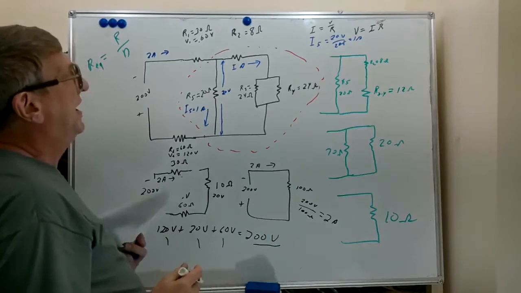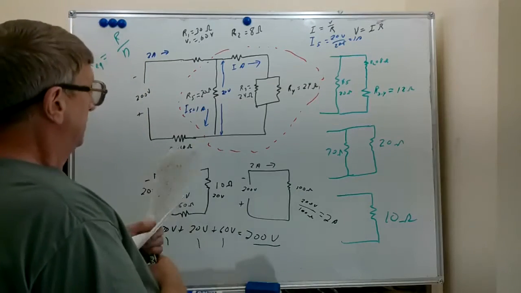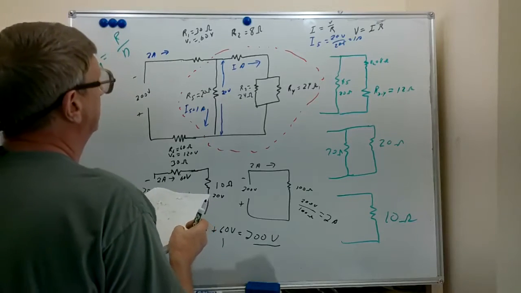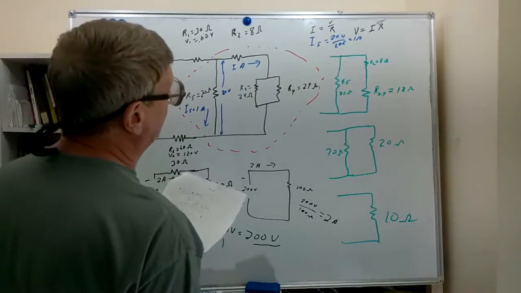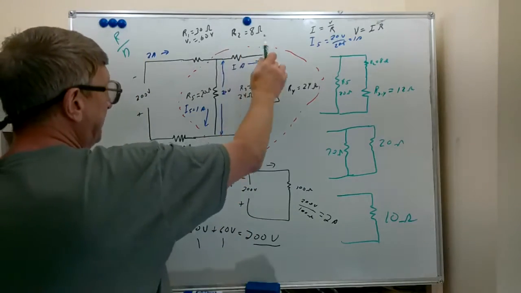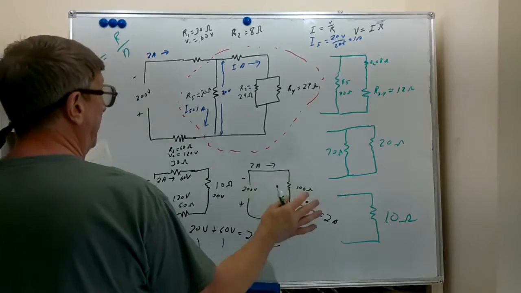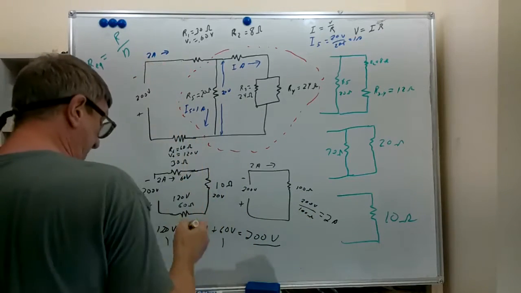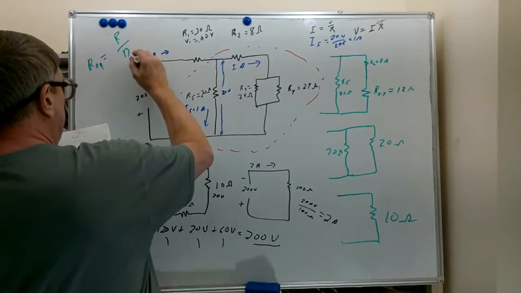Now, what does this allow us to do? We have found the currents everywhere but these two resistors. But this branch has 1 amp, this branch has 1 amp. We calculated total resistance to find total current. I'm going to call that IT, by the way, I total.